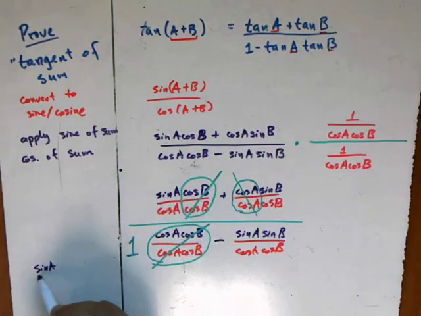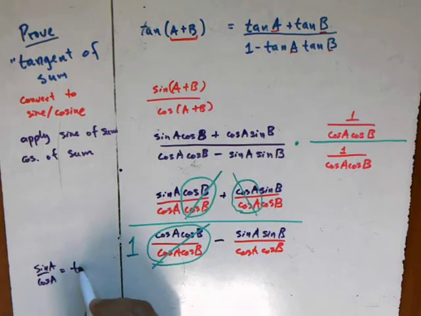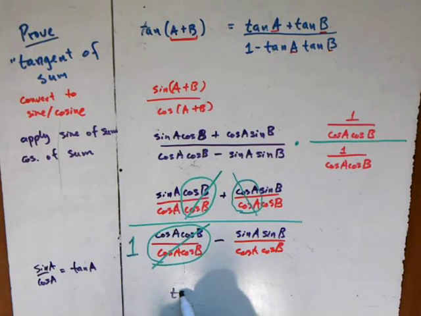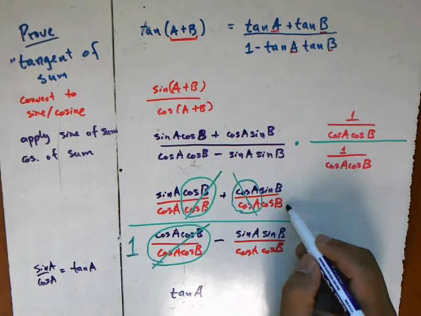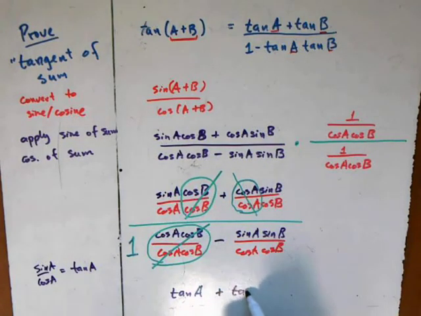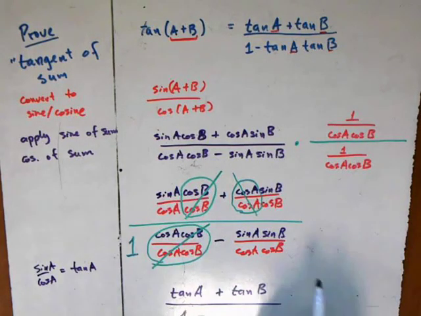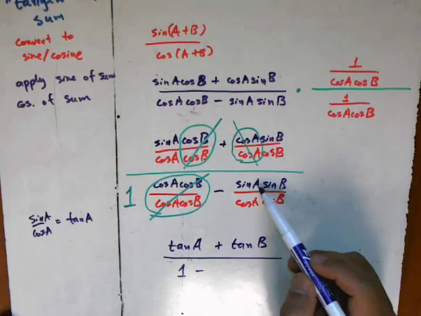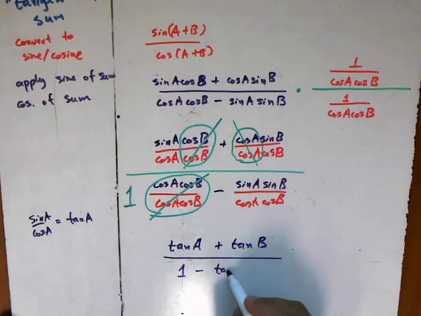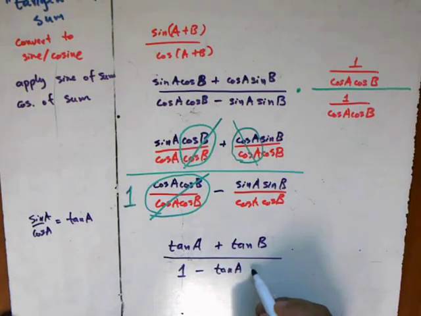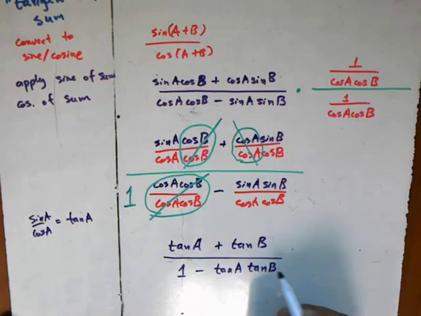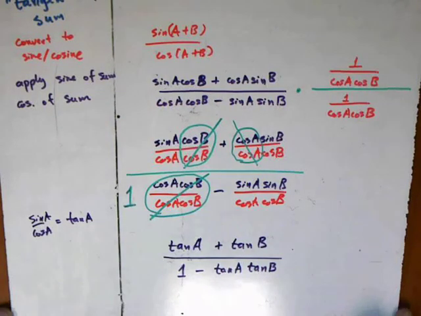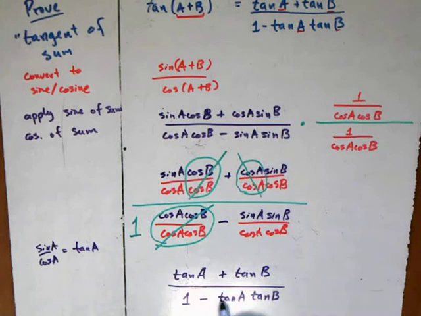So sine A over cos A is just tangent of A. So this part becomes tangent of A. Then I have sine B over cos B, well that's just tangent of B. On the bottom I get 1 minus, and same thing here, sine A over cos A, so that's tan A. Sine B over cos B, that's tan B. And that completes the proof because this expression right here is the same thing as the right-hand side.